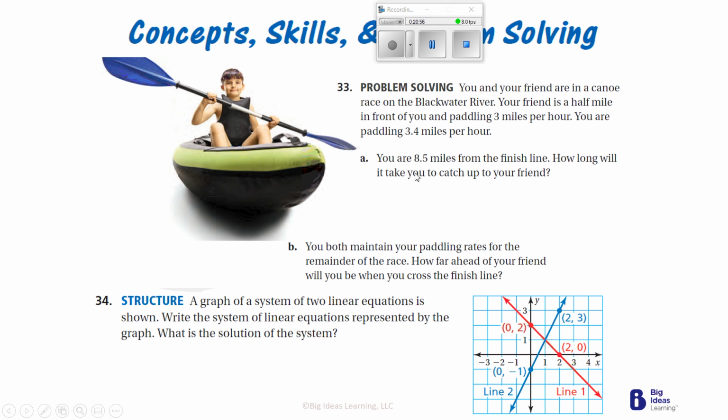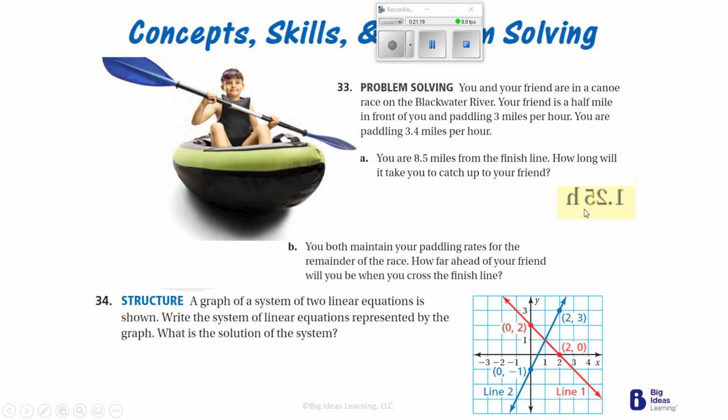Okay. Well, remember, your friend is a half mile in front of you and paddling 3 miles an hour, and you are paddling 3.4. You're going faster than him, but he's ahead of you. He has a starting point that's ahead of you. You are 8.5 miles from the finish line. How long will it take you to catch up with him?